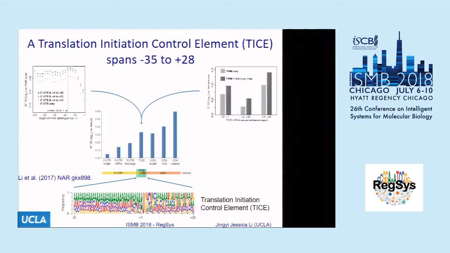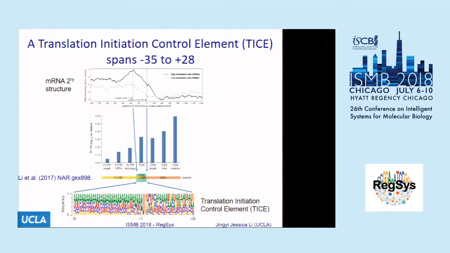The way we found it is by constructing a position weight matrix, and then finding the range such that its PWM has the best explanatory power of the translation rate. Interestingly, this region has a biological interpretation, as you will see in the next slide. We also looked at the dinucleotide and trinucleotide frequencies in this region, and we found that including those frequencies, we can get a better R squared.